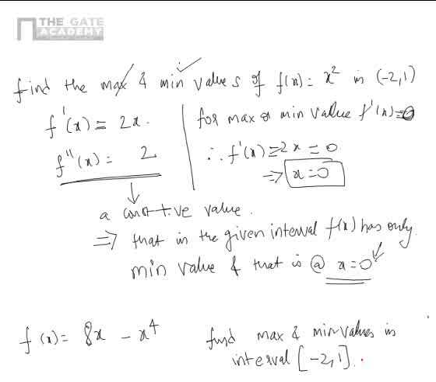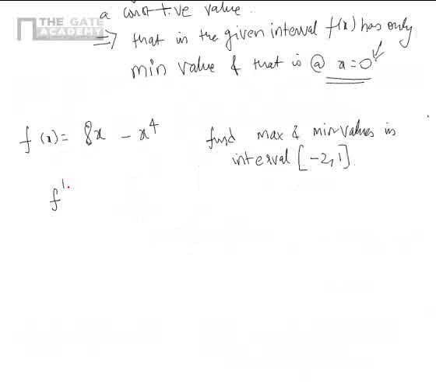So the first thing is we have to find f dash of x. What is that? It is 8 minus 4x cube, and whenever we find this, we equate it to 0.